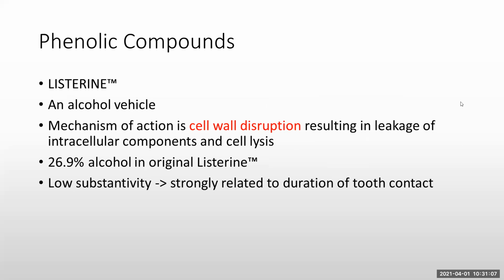Then we've got our phenolic compounds, and that's Listerine, phenolic, okay? Essential oils. It's an alcohol vehicle. The mechanism of action is cell wall destruction, resulting in leakage of intracellular components and cell lysis. So you got to know that. The original Listerine was 26.9% alcohol, pretty high.